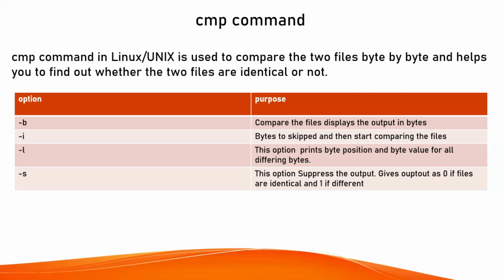That's where you use the -i option. -l prints the byte position and byte value for all differing bytes. -s suppresses the output and gives the exit status as 0 if the files are identical and 1 if they are different.